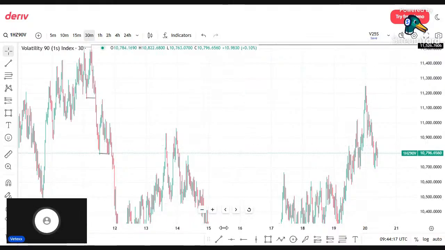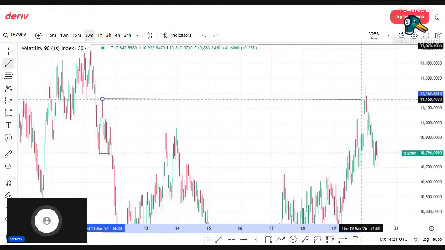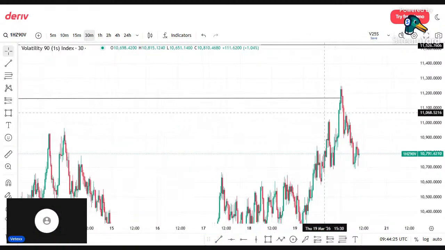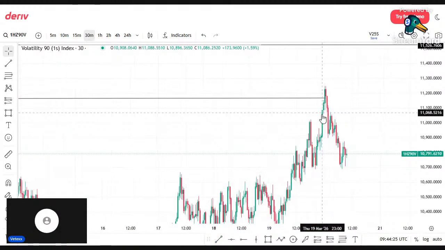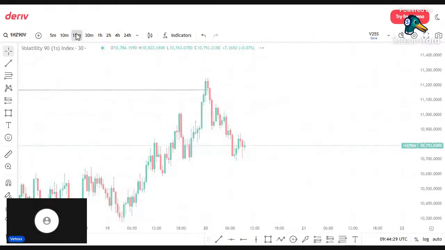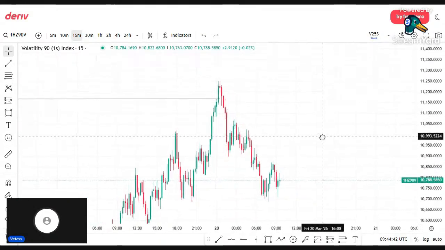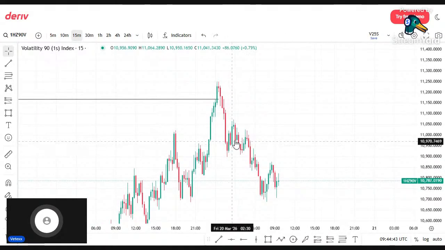This becomes our new sweep of liquidity on V91S. This is the continuation structure. On the 15 minutes time frame, using my Fibonacci retracement, this is up to 50%.